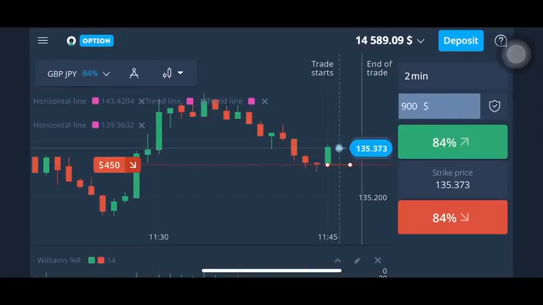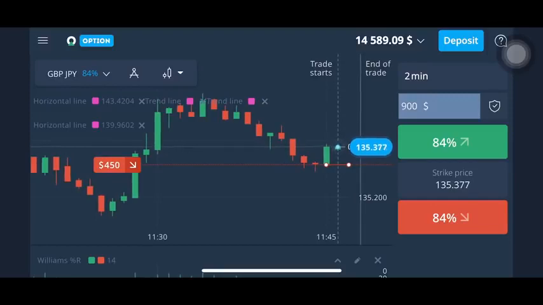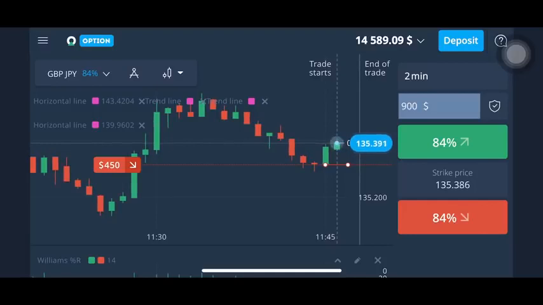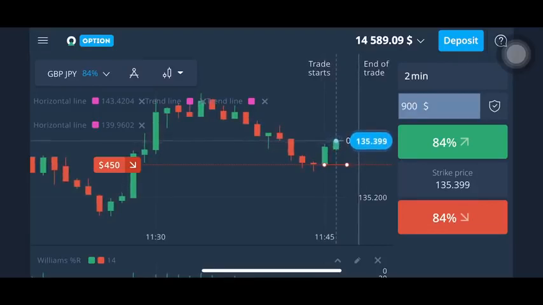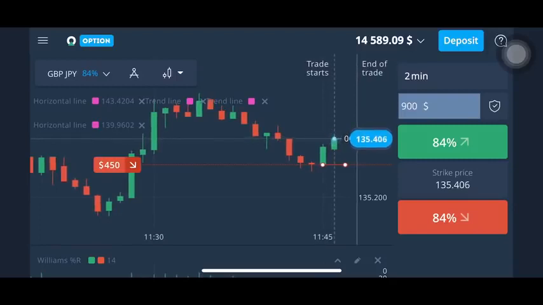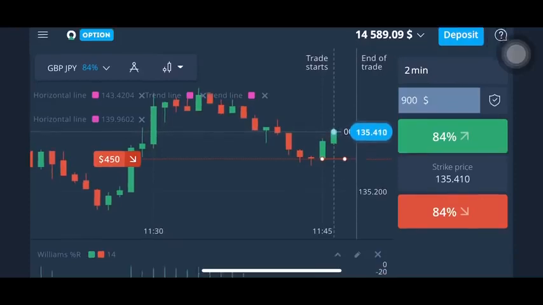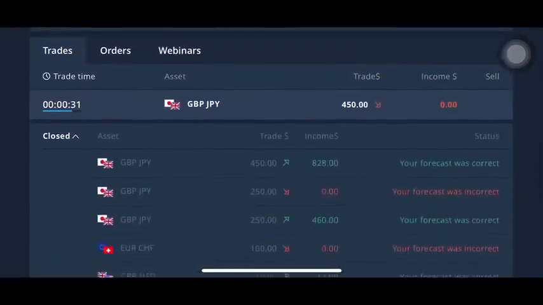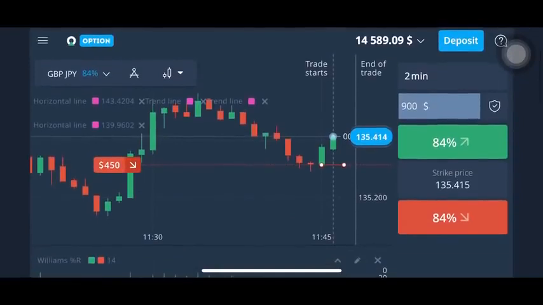If you are doubling your investment, every time you win a trade you make double the money you made on the previous trade. And if you lost something on the previous trade, you are recovering that and at the same time making some more money from it. So this is what the martingale principle is all about.